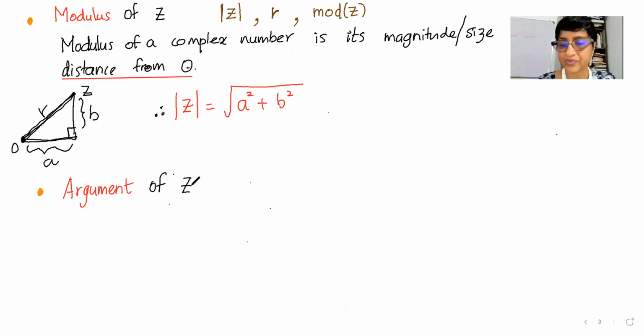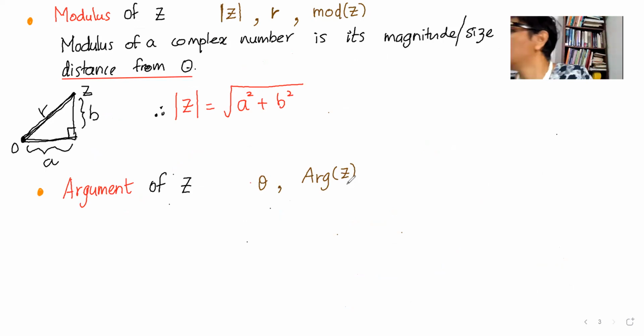So argument of Z has two notations. One is just simply theta, as I have marked in the diagram, or we say arg of Z. You read it as argument of Z. Capital A or simple, doesn't matter.